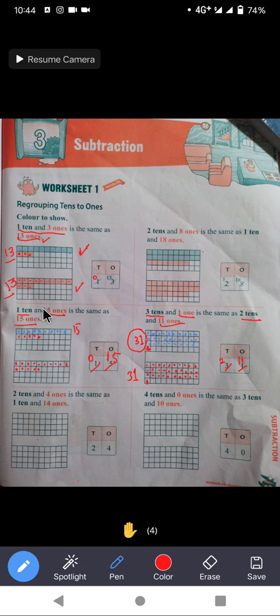So 1 ten and 5 ones is same as 15 ones. Here we have colored 1 ten and 5 ones, here we have colored 15 ones, so both are 15. Okay, so when we regroup 1 ten and 5 ones, we will get 15 ones.